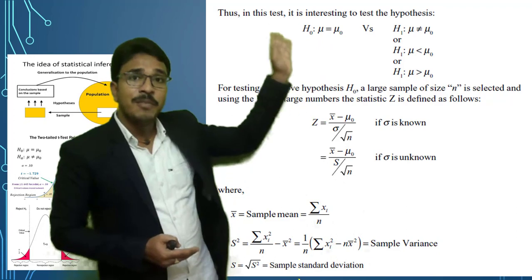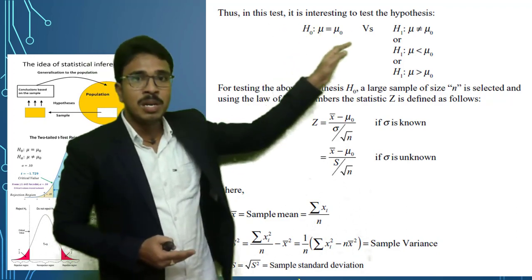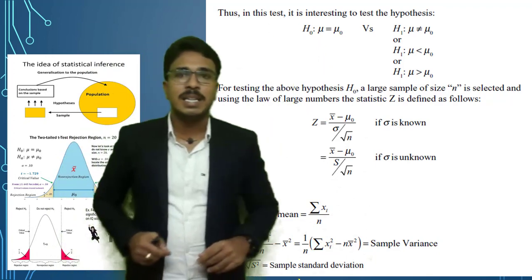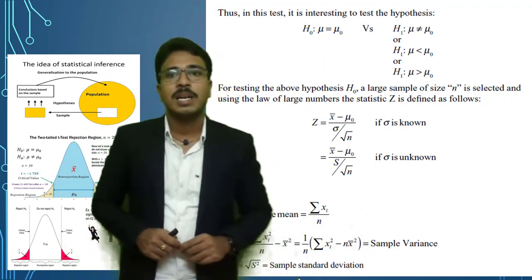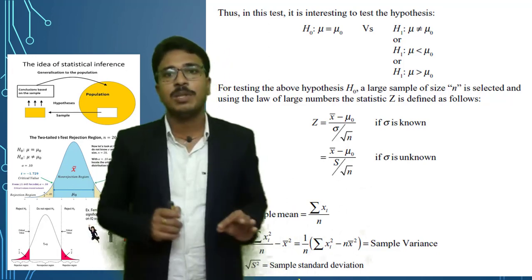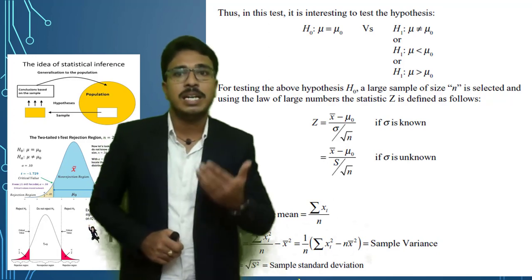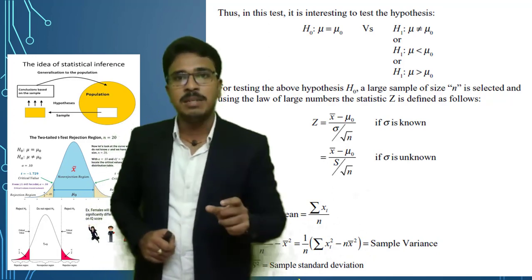So we can set the alternative hypothesis as mu is less than mu naught or mu greater than mu naught. After setting the alternative and null hypotheses, we have to look at the sample size, which we represent with small n.